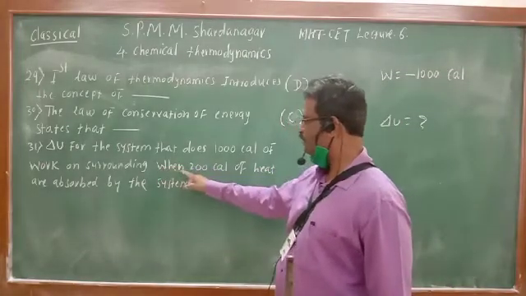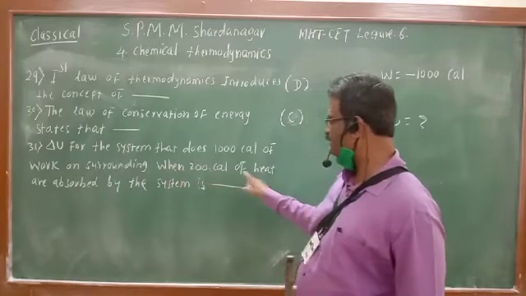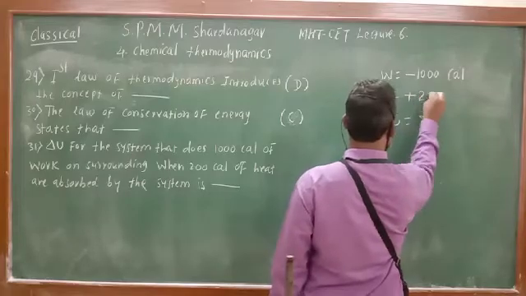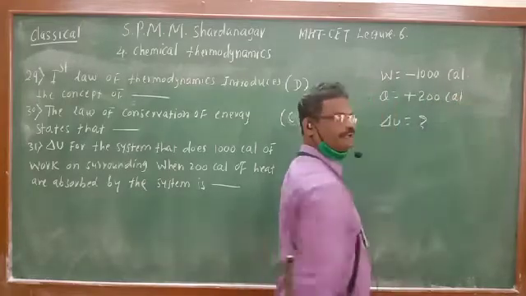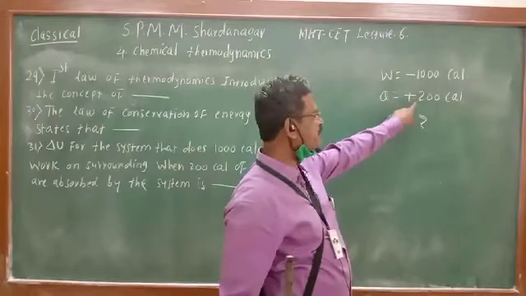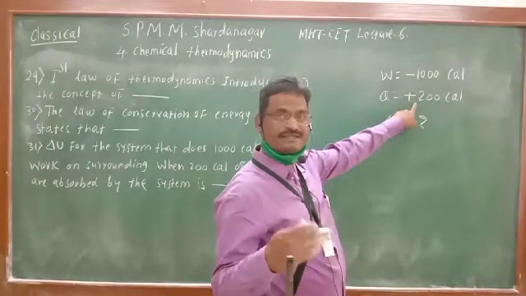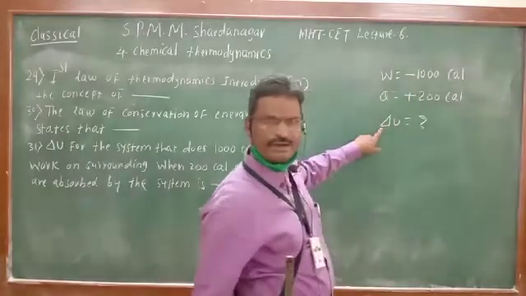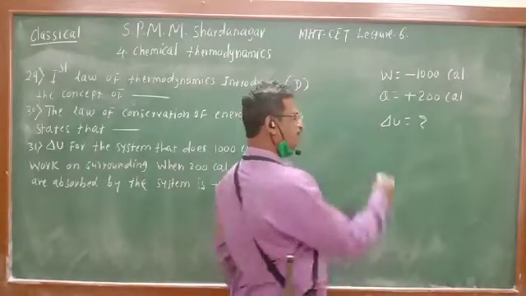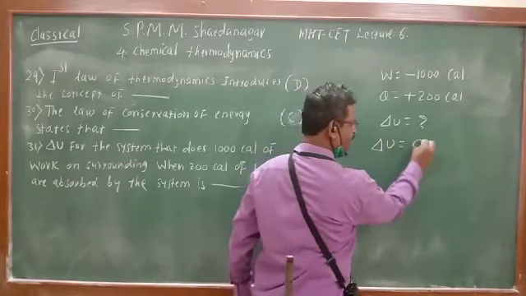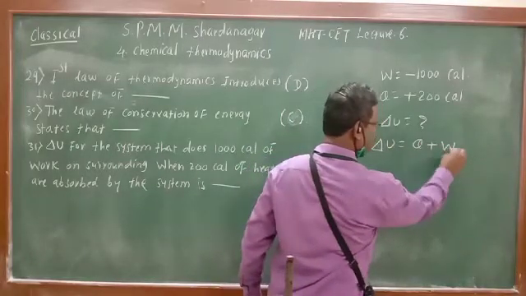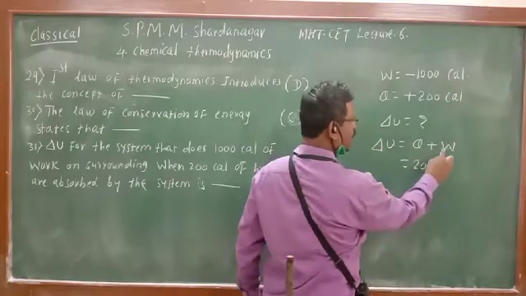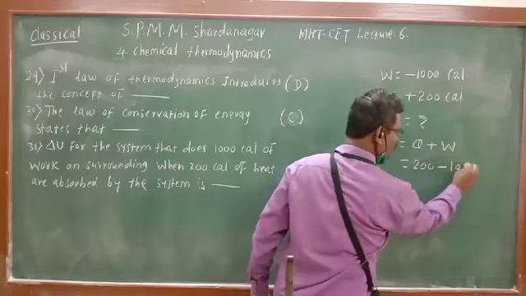Then when 200 calorie of heat is absorbed, heat absorbed means Q is plus 200 calorie. It is the work done by system to surrounding, therefore W is taken as negative, and we have to calculate delta U. According to first law of thermodynamics, simply delta U is equal to Q plus W. Q is 200, W is minus 1000.